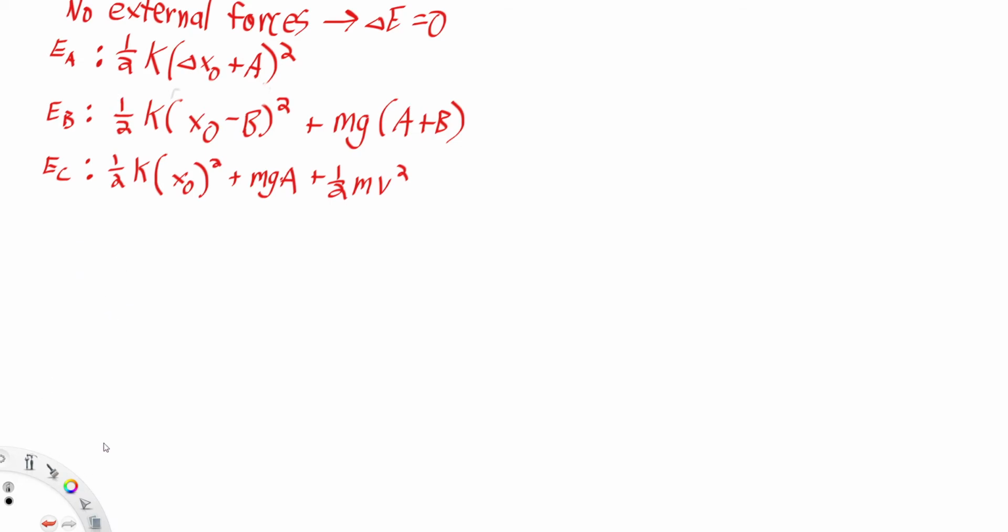Let's compare position A and B. The energy at A has got to equal the energy at B. So we should have 1/2 K. I'm kind of regretting not calling delta x naught C at this point, but I feel like it's too late to go back.